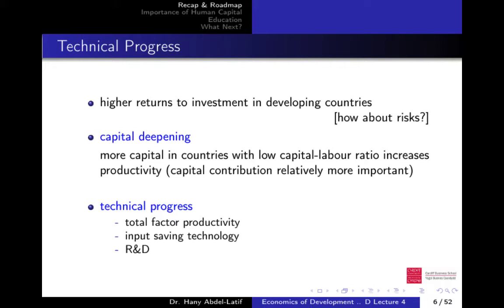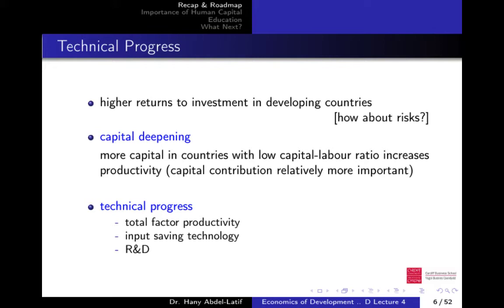But on the other side, we also talked about the risk. If you remember, there was one of the graphs that showed you the risk against the returns. And we also talked about how in developing countries, because they have a low capital to labor ratio, adding more capital will probably improve productivity.